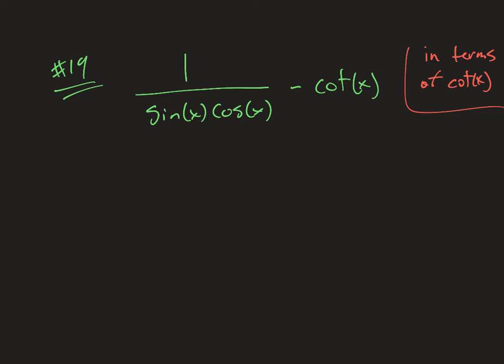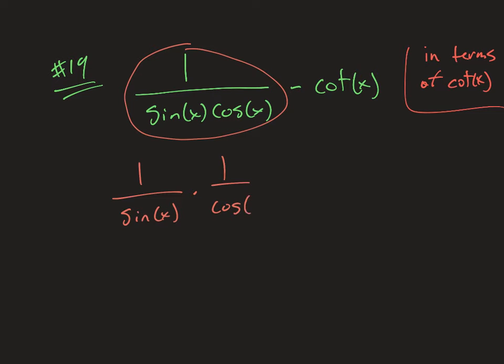It's going to be a little crazy the way we do this, but what I'm going to do is break this into two pieces. I'm going to make it a 1 over sine of x times a 1 over cosine of x. And to make it into a cotangent, I need to have a cosine of x up here on top.